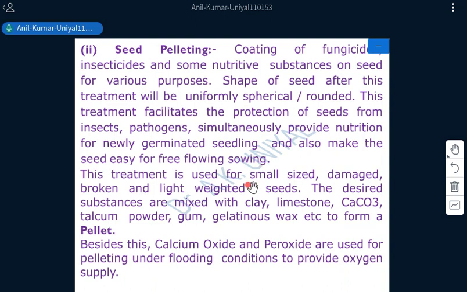Okay, this treatment is used for small sized, damaged or broken, and light weight seeds, and the substances used to make such a soup-like solution are clay, limestone, CaCO3, talcum powder, gum, gelatinous wax, etc. to form a pellet. Besides this, calcium oxide and peroxides are also used for pelleting under flooding conditions to provide oxygen supply to the germinating seeds.